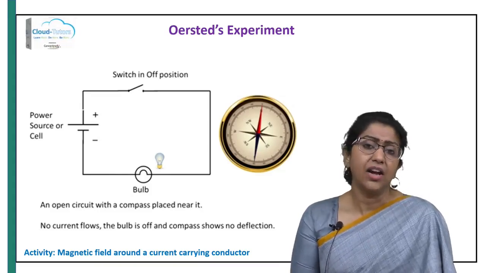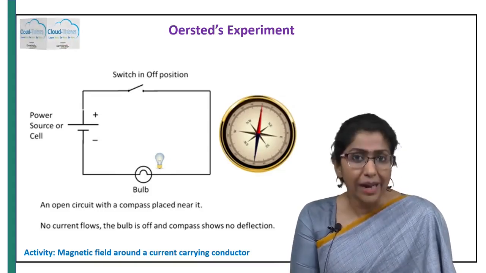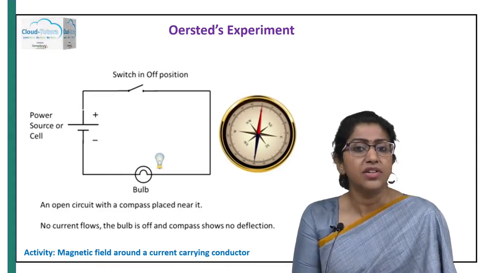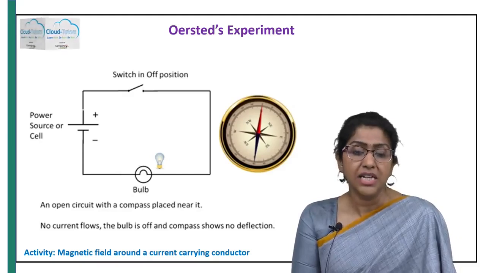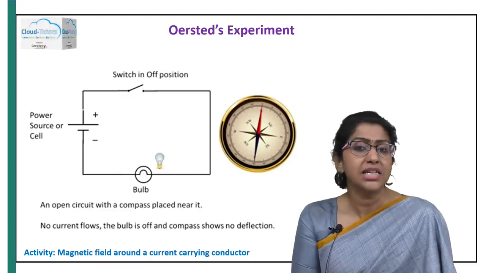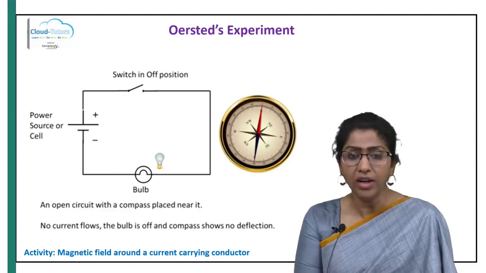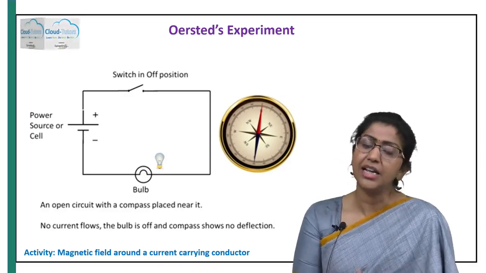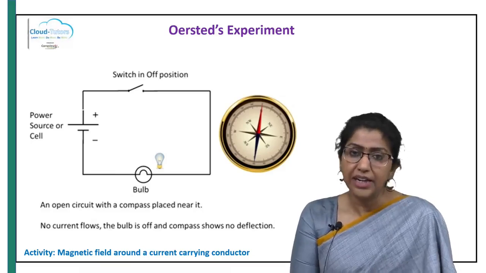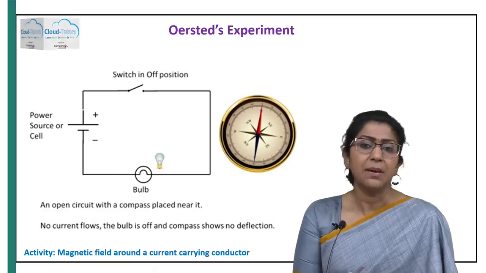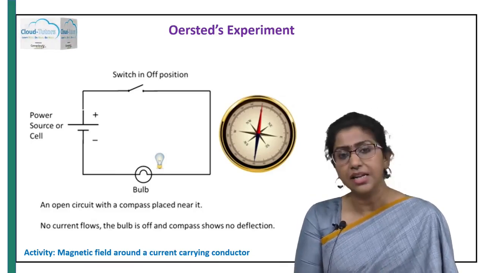As we all understand, if there is a magnetic force of attraction or repulsion between two objects, either both the objects have to be magnets, or one has to be a magnet and the other has to be a magnetic substance, right? Like iron filings or a safety pin or something that contains iron or steel.